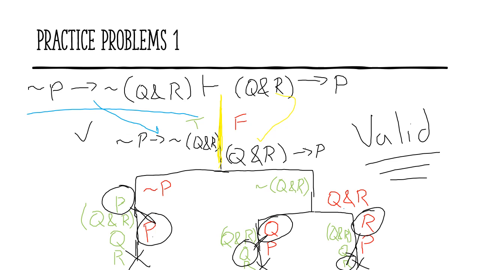So we stopped looking here. We started looking here. And then we saw that our main operator was an arrow. So we said left side is true, right side is false in all of these branches. And then we had to break down this Q and R, which we did here.